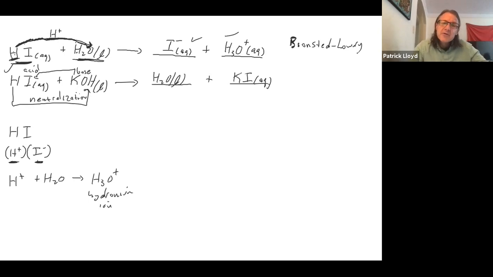The Bronsted-Lowry base was a substance that accepts the H plus. So what's kind of interesting about this is that according to this definition, the water is actually acting like a base. It's accepting the H plus, so it's got to be a base based on that definition. And so water, it turns out, can be considered a base if you mix it with an acid.